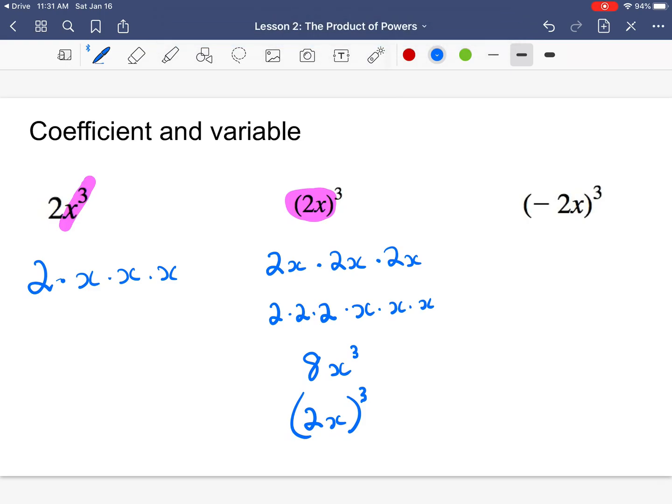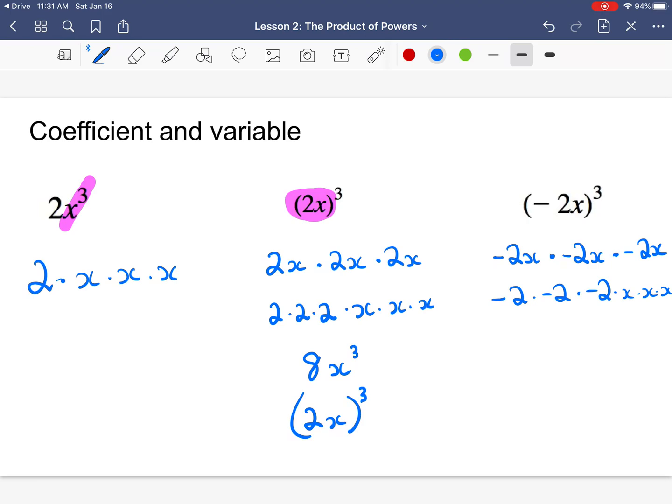And for the third example here, we have negative 2x to the power of 3 times negative 2x times negative 2x. So we can rewrite that. We've got negative 2 3 times, and then we've got x 3 times.